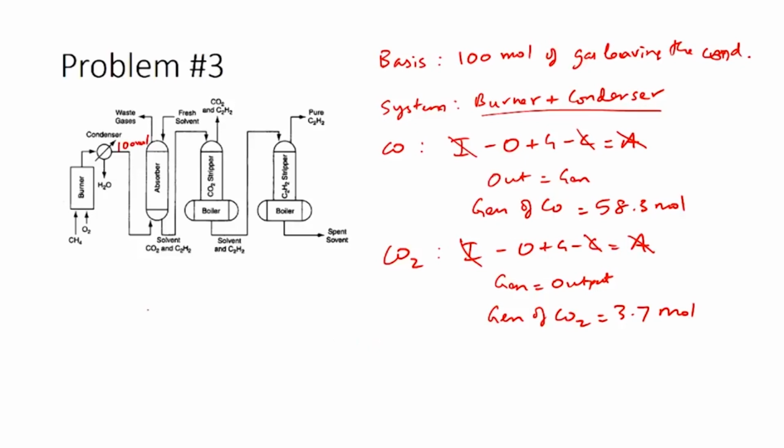Similarly, we can write an acetylene balance, C2H2 balance would again be input minus output plus generation minus consumption equals accumulation. Accumulation, consumption and input go to 0. So, it becomes generation equals output, and using the composition of gases leaving, we know 8.5 moles of acetylene is leaving, which means that is the number of moles of acetylene which is generated in the burner.